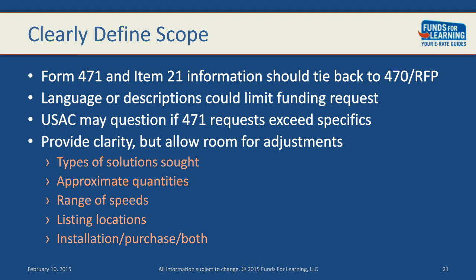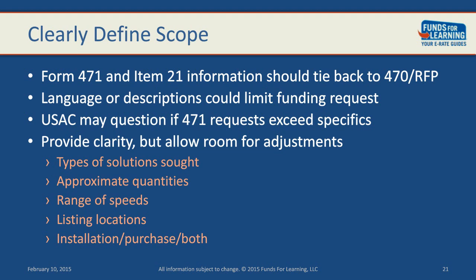Remember, USAC is going to be looking very carefully at all of this: your application, the bids, the proposals you've received, and they'll want to make sure that you've gotten cost-effective solutions, that you had a fair, open competition, and that you have carefully and accurately described all of the goods and services that you are interested in and indeed have committed to receiving from a particular vendor.